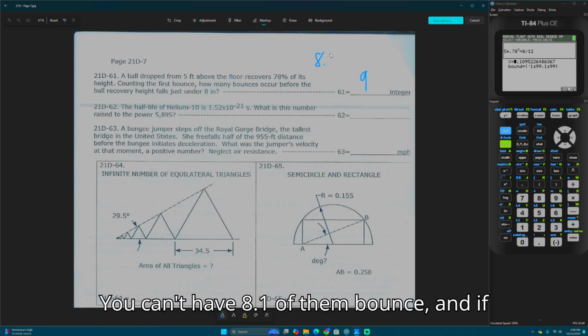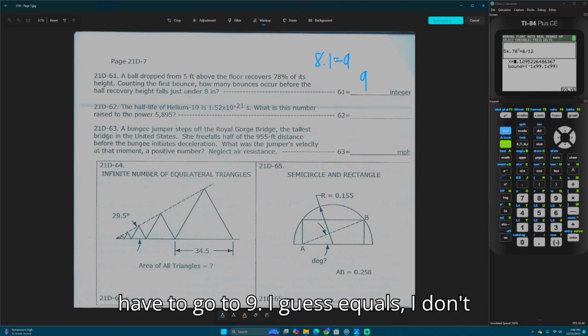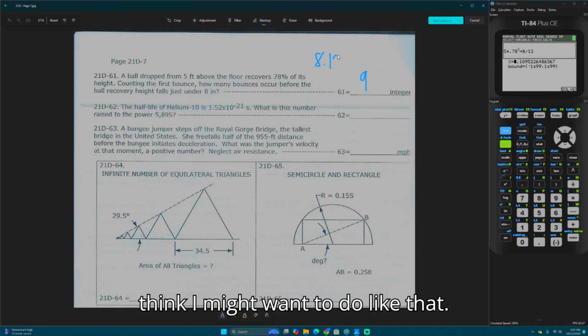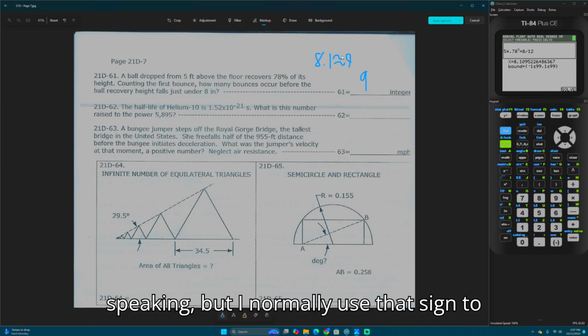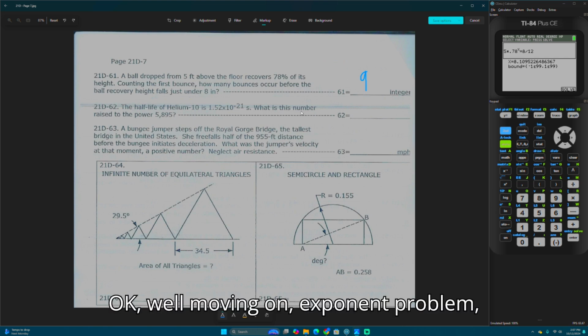You can't have 8.1 of them bounce, and if you say 8 bounces, well, that's not right because it will be above 8 inches. So you have to go to 9. I don't know if that's the best way to put it. I don't know if it's correct, mathematically speaking, but I normally use that sign to show that you round it to 9. Okay, well, moving on.